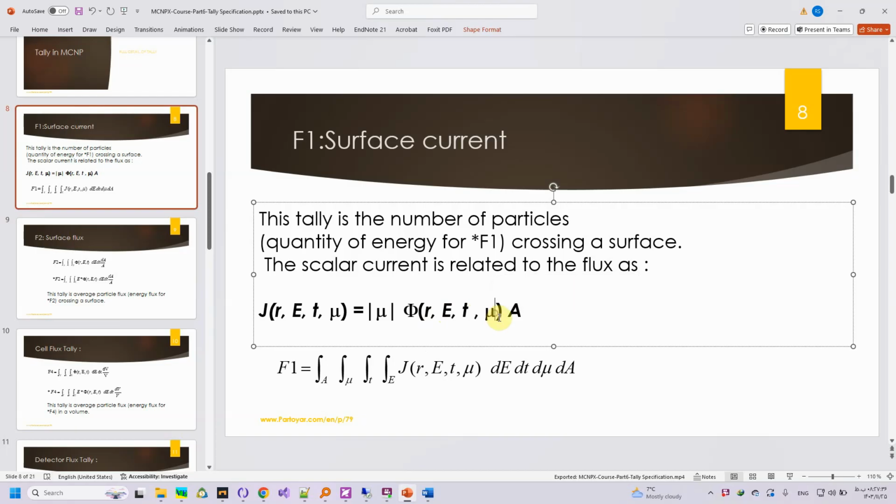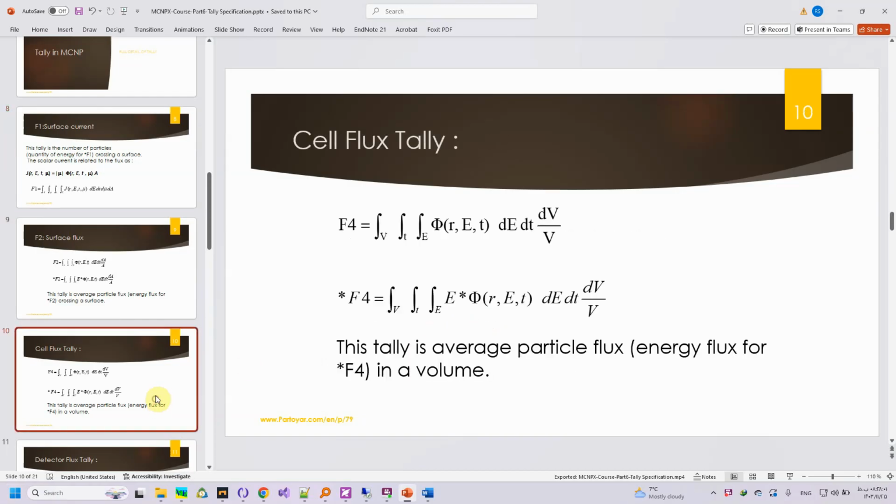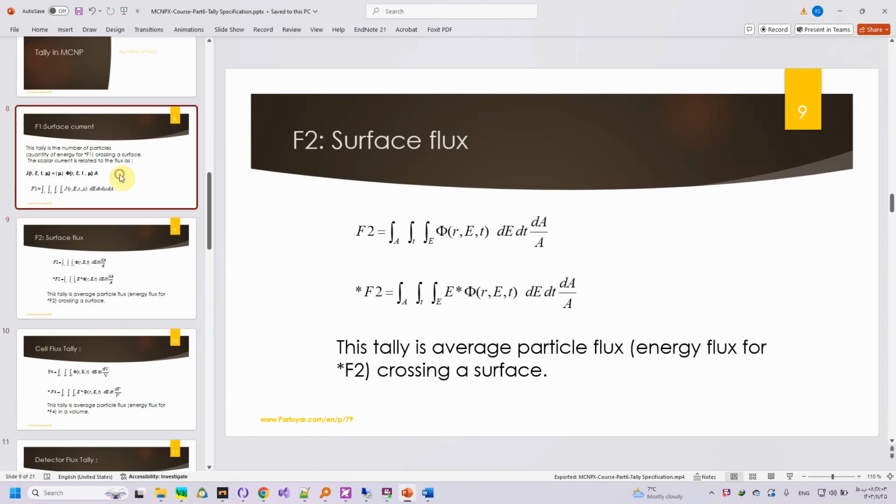Direction means the vector that consists of x direction, y direction, and z direction. Consider a normalized vector. A normalized vector has three different parameters: x direction, y direction, and z direction. So here we can see the difference between tally 1 and tally 2.